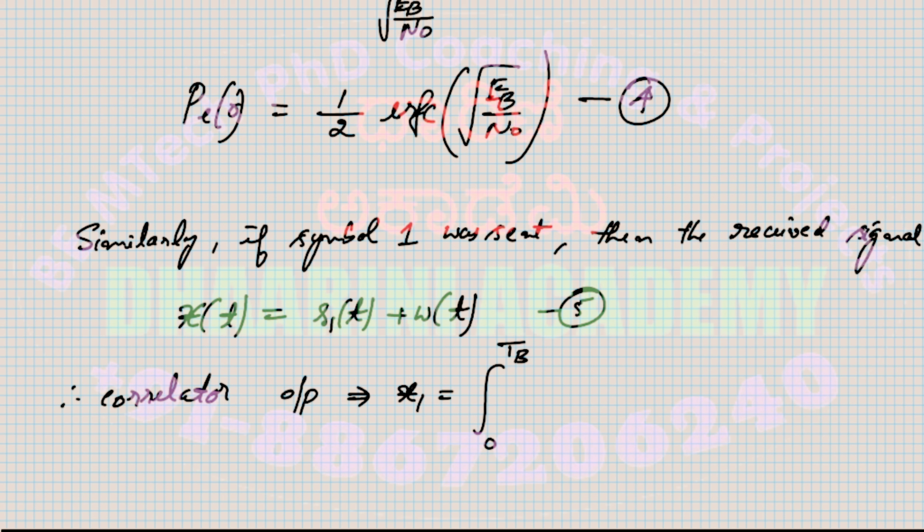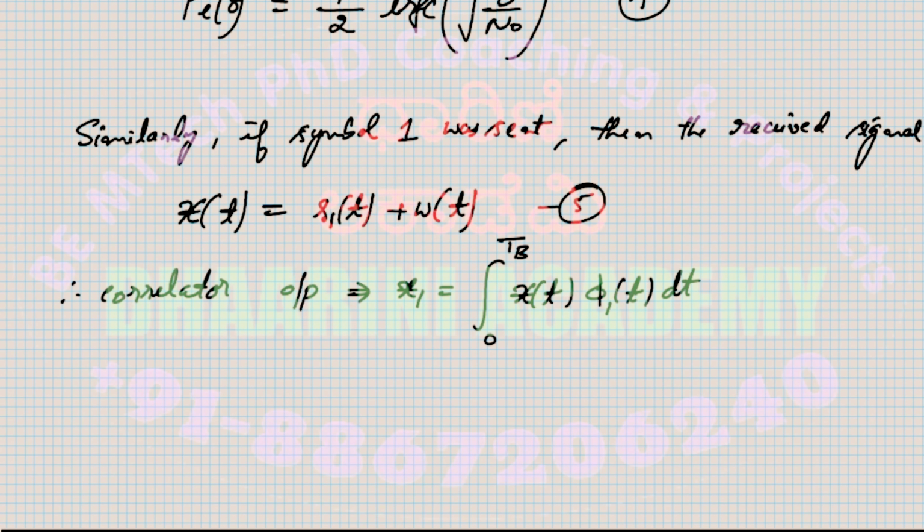So x of t is equation number 5 now, and I need to multiply that with phi 1 of t dt. Substitute for x of t.